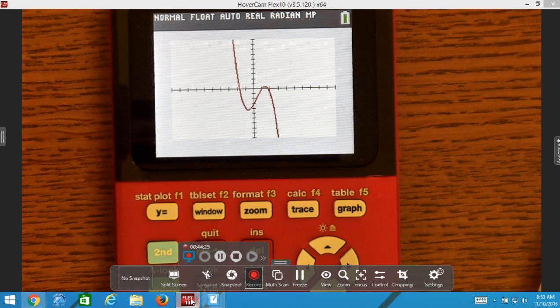The zeros. Totally, but you guys are getting way ahead of what I'm asking. I'm asking even more basic. Let's go to table. You totally can do the x-intercepts and the zeros and the min and the max. You can do all that stuff right now, but I don't want you to take all that time. Let's just go to the table and plot some points that fit. So how do we go to our table? Second graph.